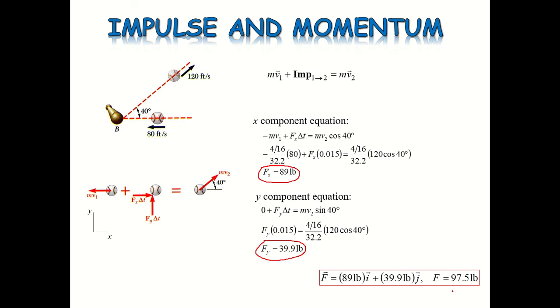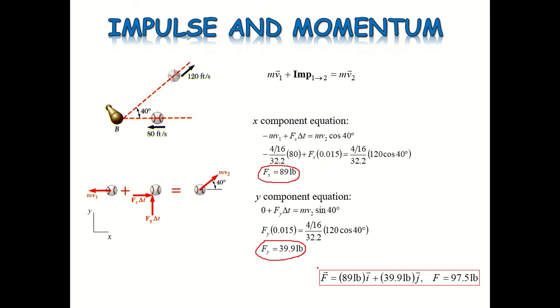You simply add them: F sub x with i to indicate the x component, then F sub y with j to indicate the vertical component, equal to F.